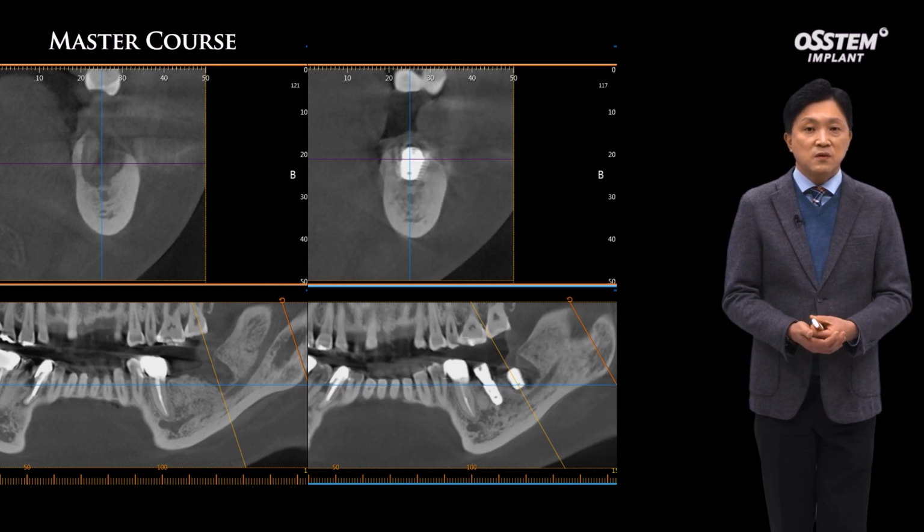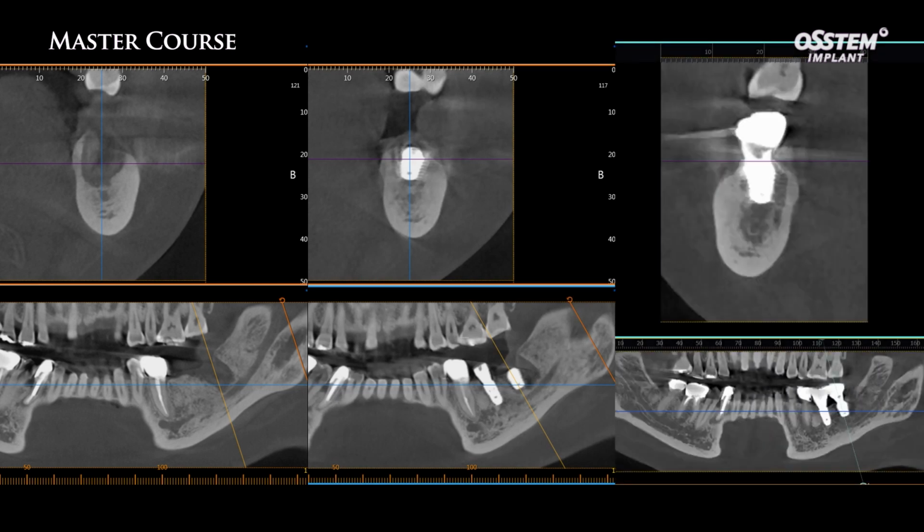Pre-op, post-op implant placement, after the delivery of prosthesis. If you look at the CT, bone is regenerated. The best way to confirm bone regeneration is to find the lining of the cortical bone. That is the sign of regeneration, especially at the lingual side.